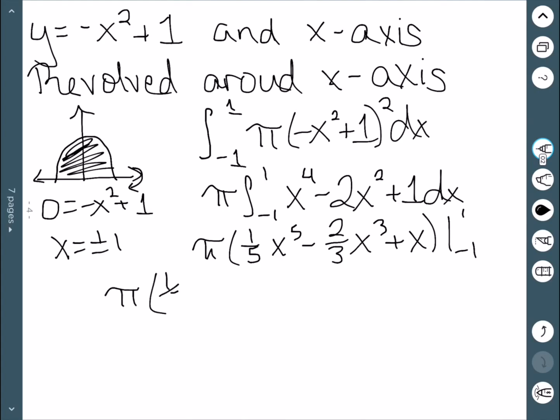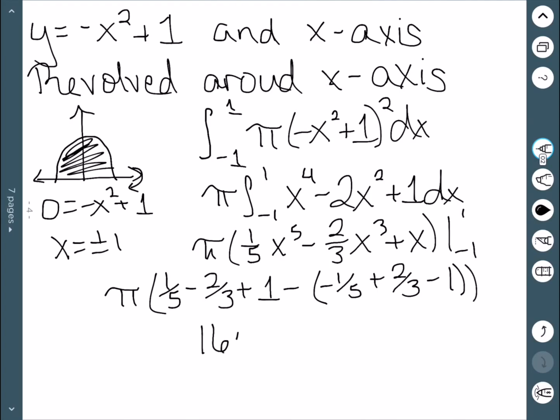Evaluating would then give me 1/5 minus 2/3 plus 1. Then we would subtract out negative 1/5 plus 2/3 minus 1, which gives us a volume of 16 pi over 15.